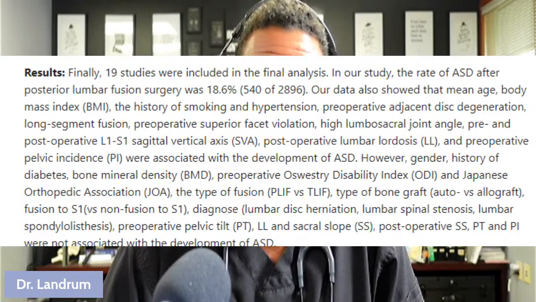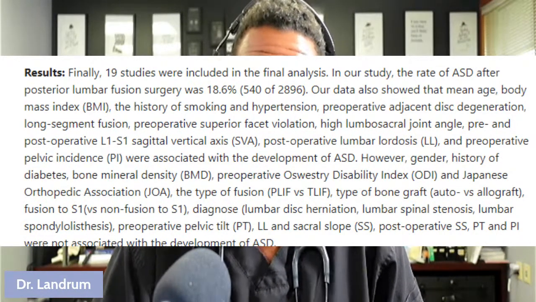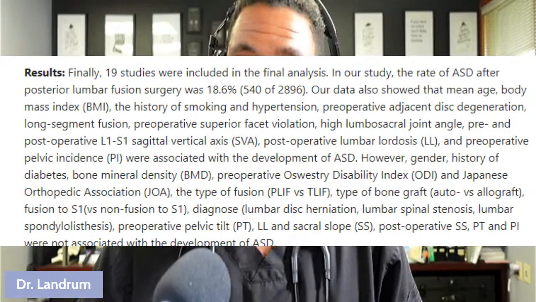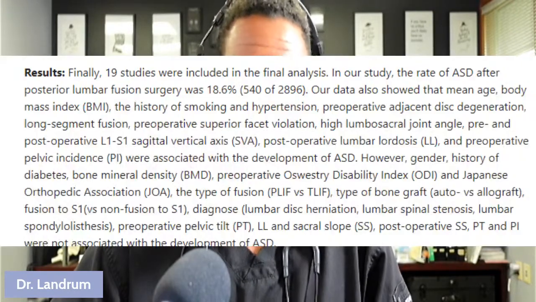But what we can see is that older age is a factor, and what they found, which wasn't mentioned in some of our other studies, is body mass index. It's not quite the same, but your overall weight can have an impact, both pre and post. So making sure that you're within appropriate weight limits is going to give you a much better outcome when we talk about surgical fusions and not having a problem above or below it.